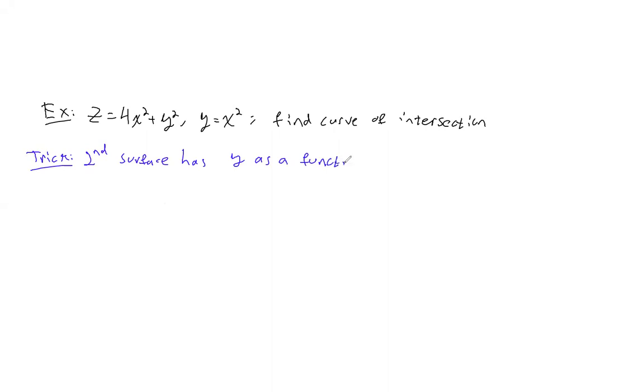So suppose, for example, that we take x equals t. Why are we saying x equals t? Well, just hold on for a second. You'll see why this works. x equals t, and if y equals x squared, it follows that y has to equal t squared.